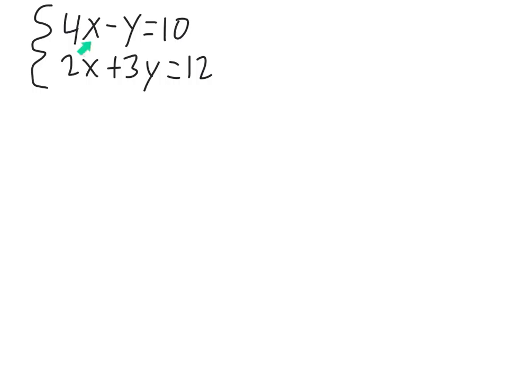So if you try any one of these, you're then going to have to divide everything in the equation by the number in front of the variable. So you'd have to divide everything by 4 here, divide everything by 2 here, or divide everything by 3 here.